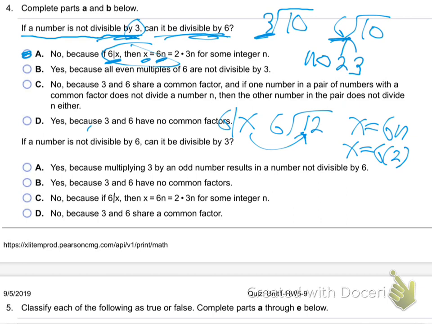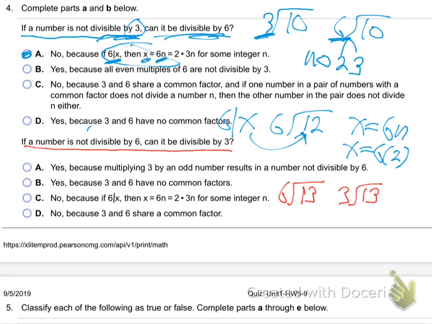Let's move on. How about part B? If a number is not divisible by 6, can it be divisible by 3? So let's take a number that 6 does not go into. Like 6 does not go into 13, not evenly. So can 3 go in? No. But careful. Here's a case where my first no example is not the right one.